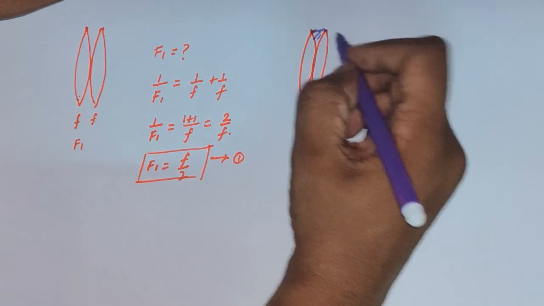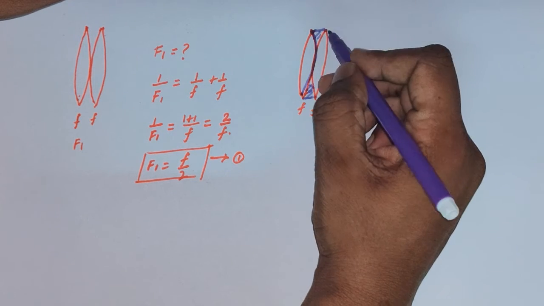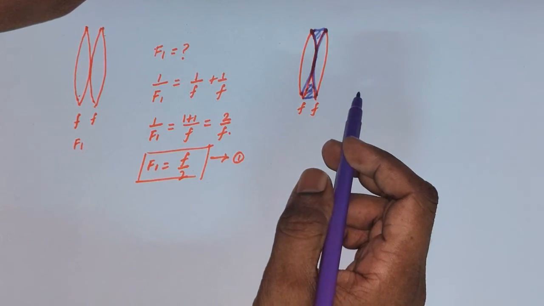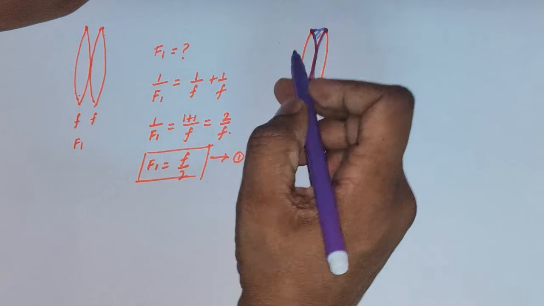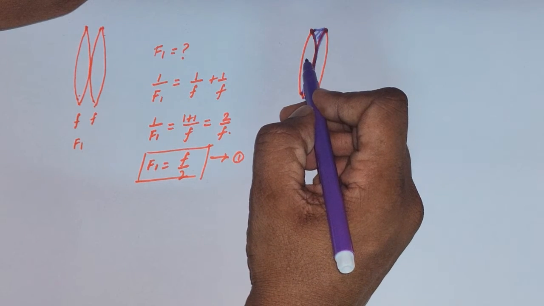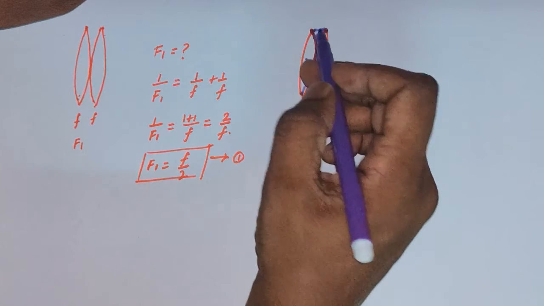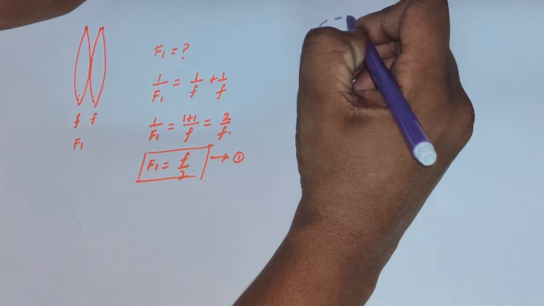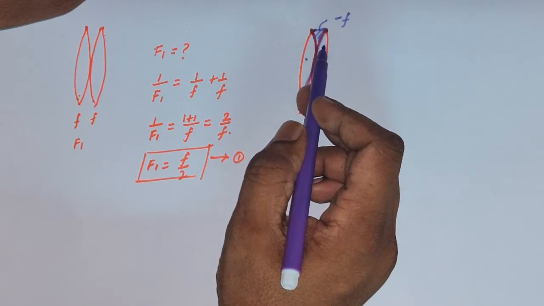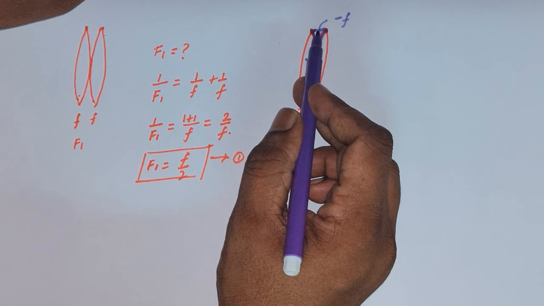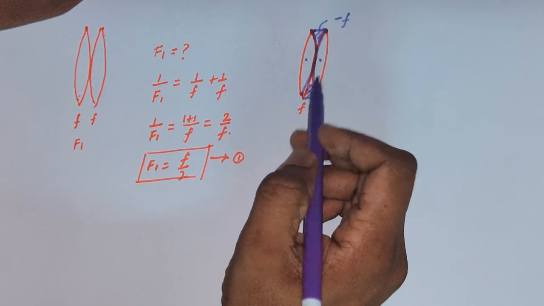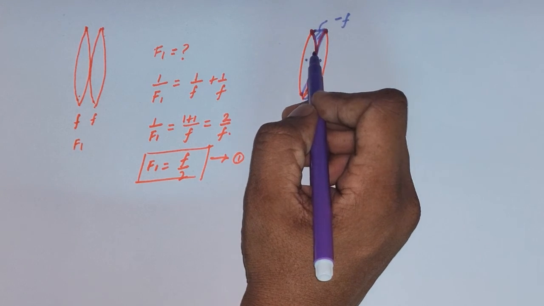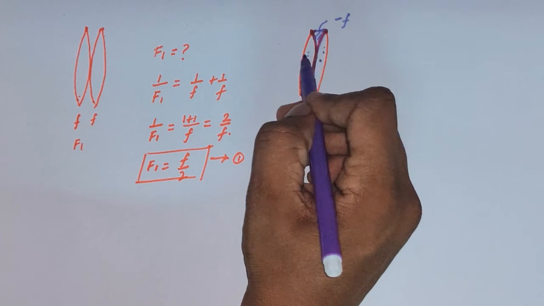That means this glycerin will act as a lens. It will act as a thin concave lens. Sorry, these are thin convex lenses, and this glycerin will act as a concave lens. You can call its focal length minus f, because it will also look identical. The space in between will be glycerin, having the same refractive index as that of the lens glass, because lenses are made up of glass.